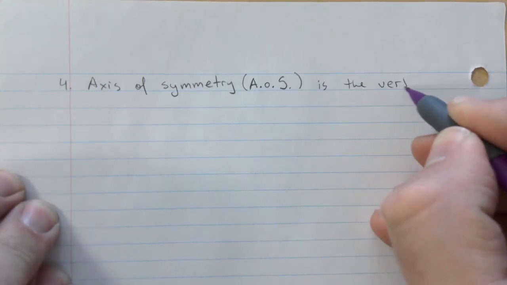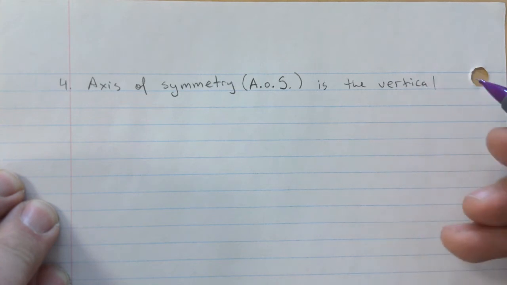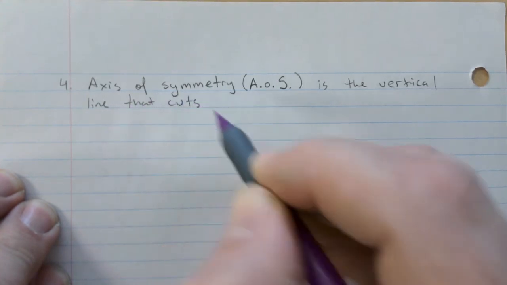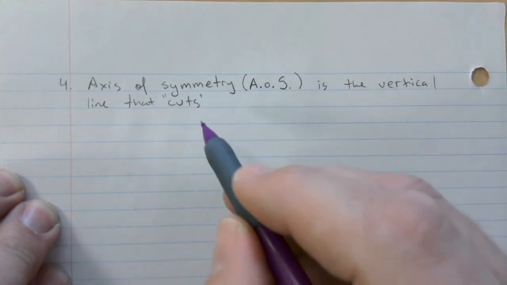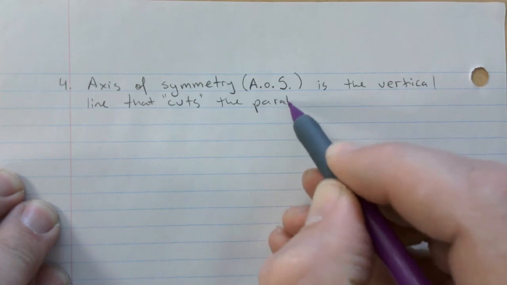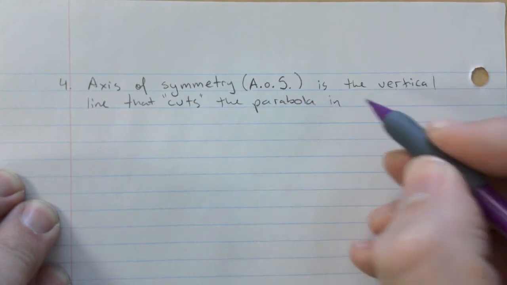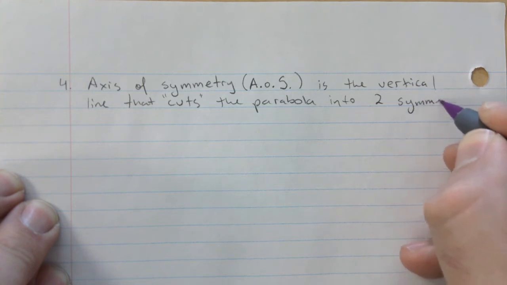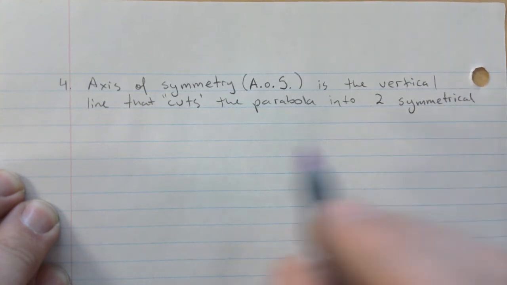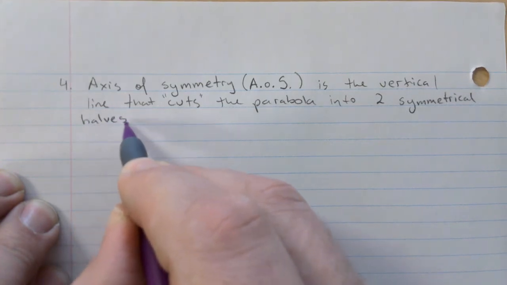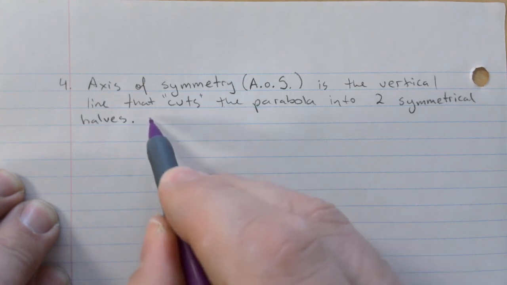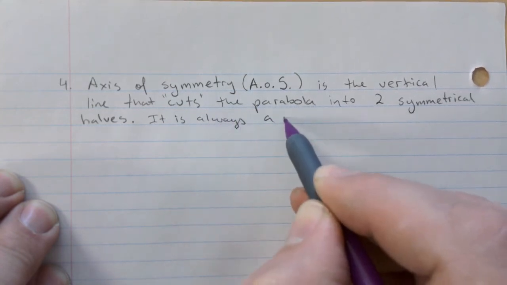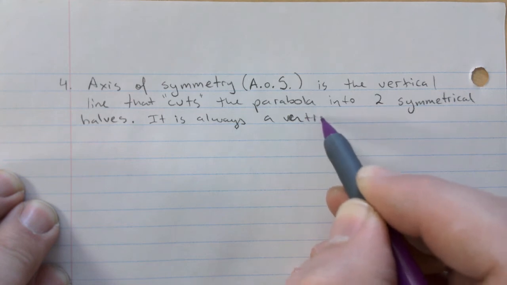It is the vertical line that cuts the parabola into two symmetrical halves. It is always a vertical line.